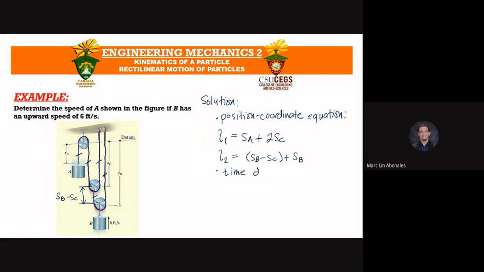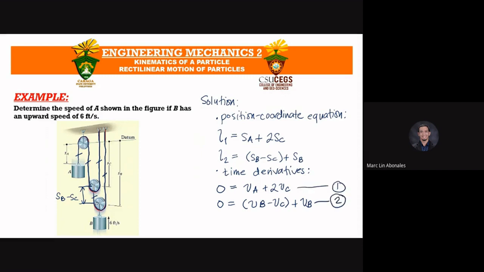It is the same as what we did in the first example. For the first equation, that is 0 equals VA plus 2VC. Then for the second one, 0 equals VB minus VC plus VB. So we have two equations.